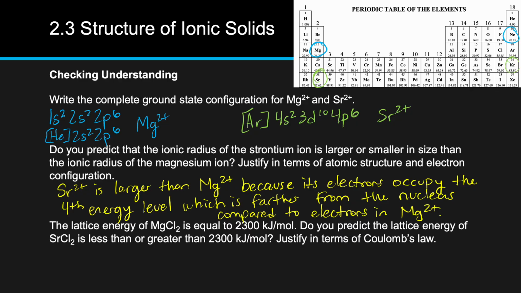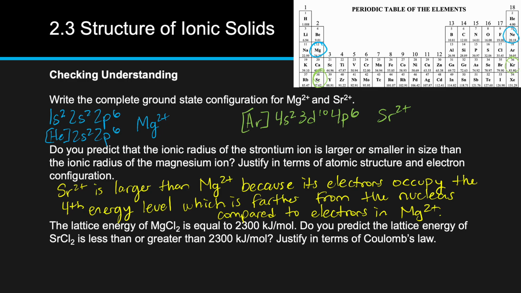Then the last question says the lattice energy of magnesium chloride is equal to 2300 kilojoules per mole. Do you predict the lattice energy of strontium chloride is less than or greater than 2300 kilojoules per mole? Justify it in terms of Coulomb's law. Now, we know that magnesium is a smaller ion than strontium.